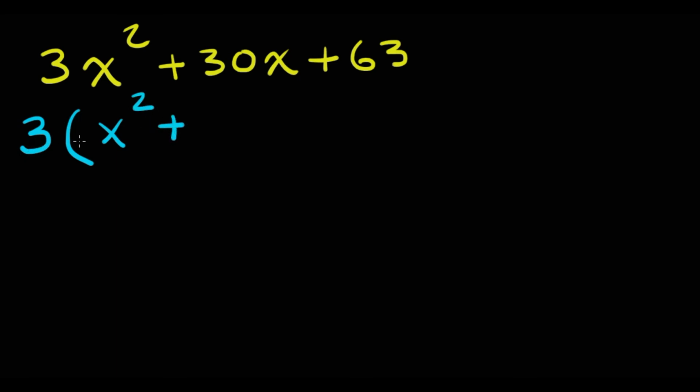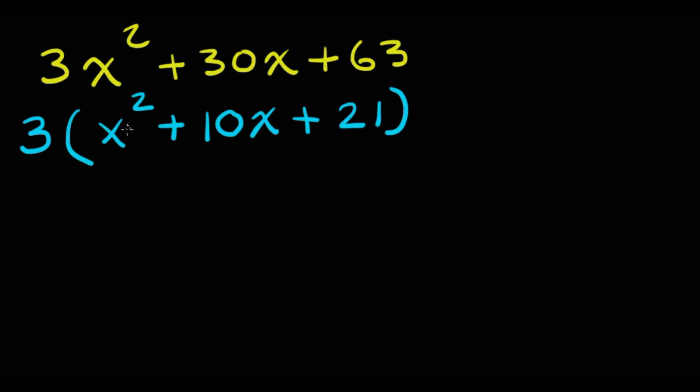And then here, 3 times what is 30x? Well, that's going to be 3 times 10x. And then 3 times what number is 63? That's going to be 21. So 3 goes into 3x squared, x squared times. 3 goes into 30, 10x. And then 3 goes into 63, 21 times.